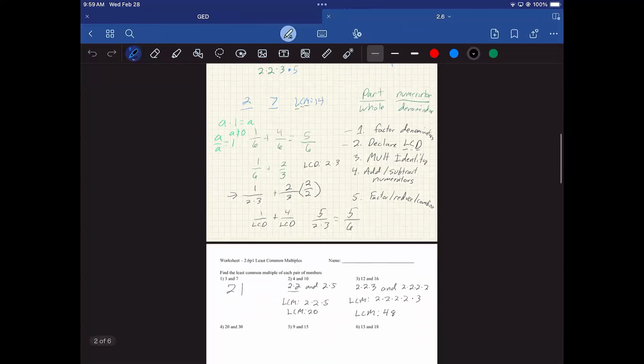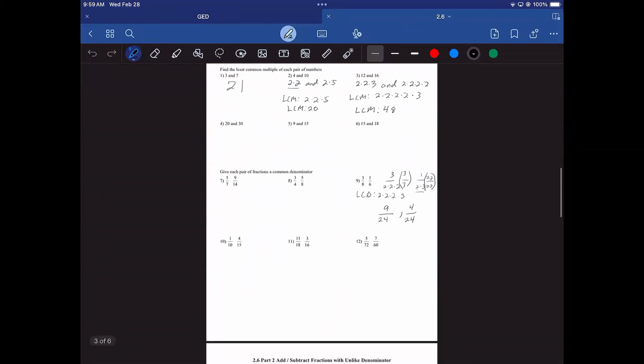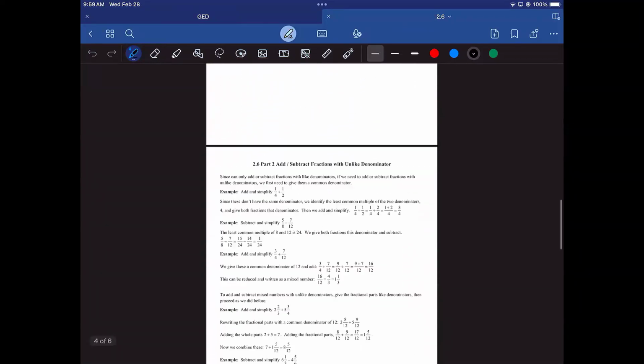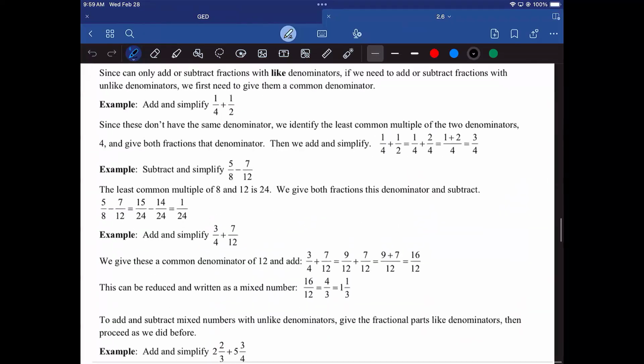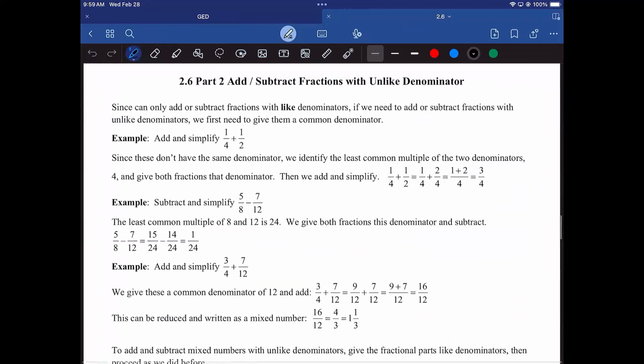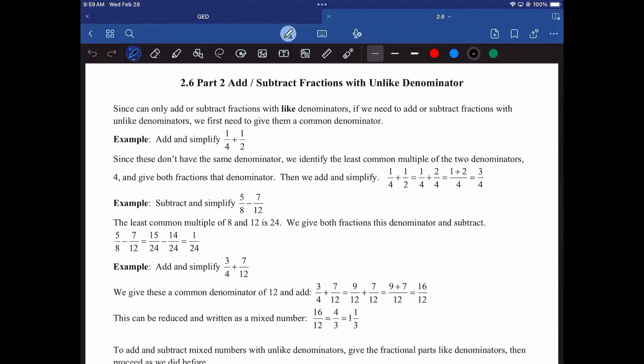So now we will go through, and today we are going into 2.6, part 2. Now, on the lessons and things, I have these combined as one lesson. You can do the homework in 2 parts if you want. Remember, you get unlimited attempts on the homework, so don't stress it. Don't worry about grades. They're just there for your reference point.